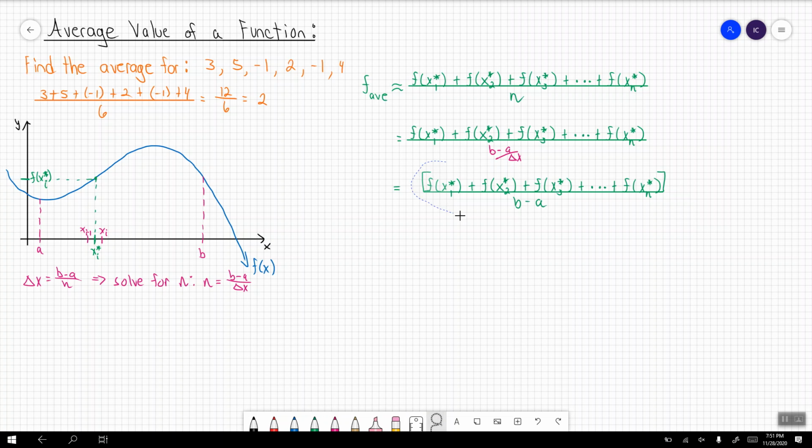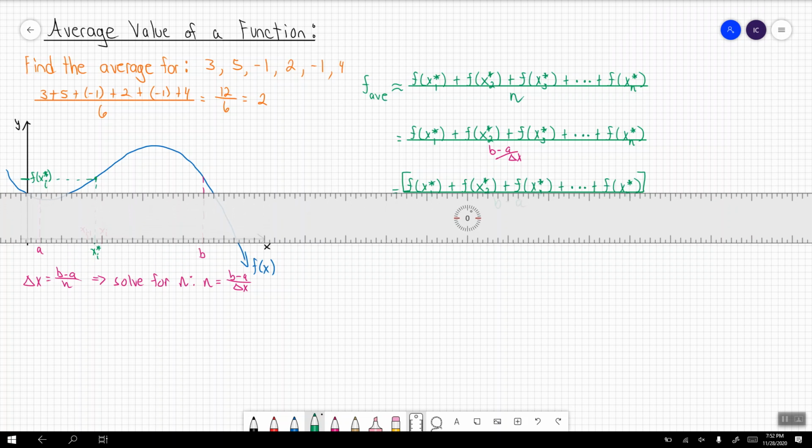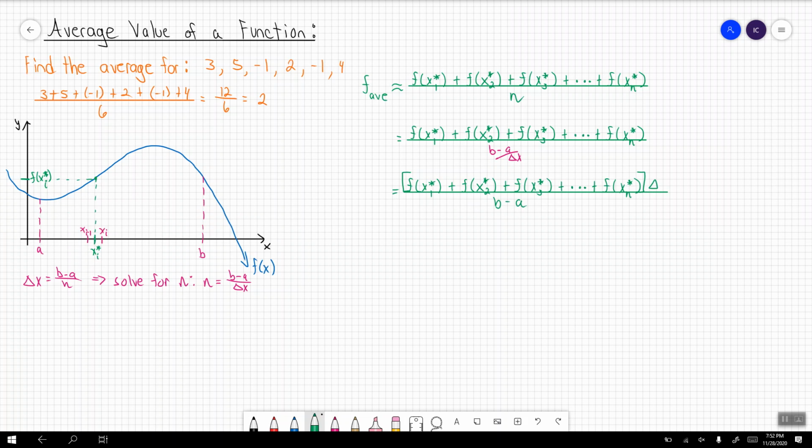Let's rearrange this and put it in the spot where it's going to go. Again, the numerator is being multiplied by delta x. So we simplified the complex fraction, and now it looks like this.